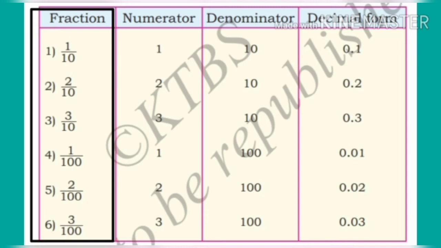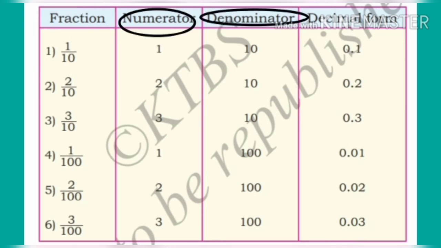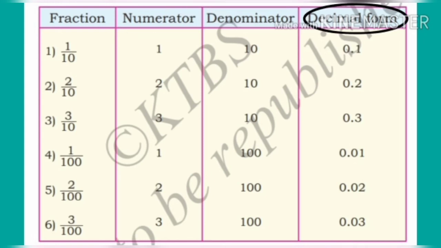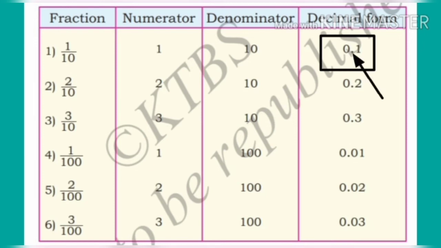Observe the next chart, children. Here the fraction form, numerator, denominator and decimal form are also given. Observe the point between the unit and tenth place. It is called the decimal point. This separates the whole part in a decimal fraction.